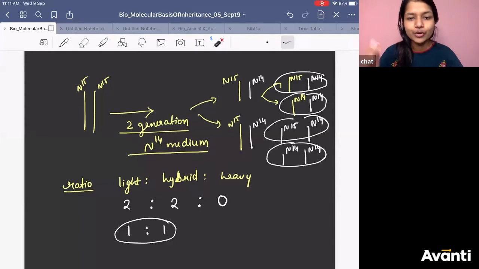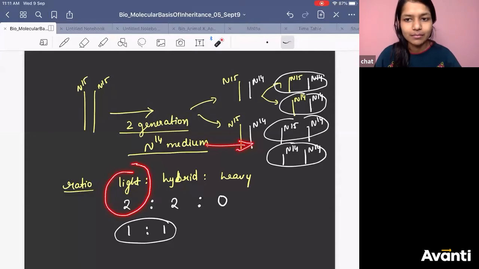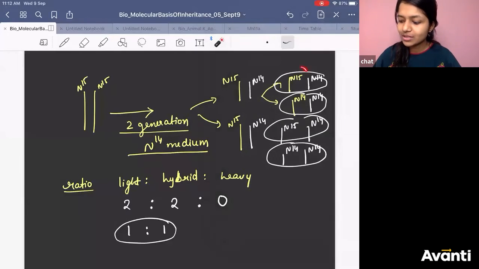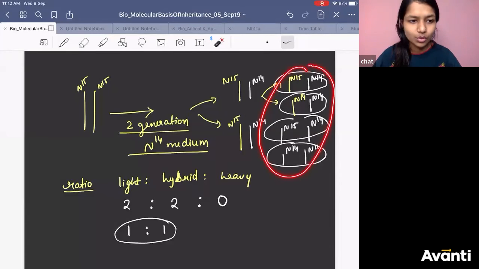As you increase the generation, the light band will increase, because every time you are adding N14. Sakshi, please do the third generation as homework. This is your second generation.